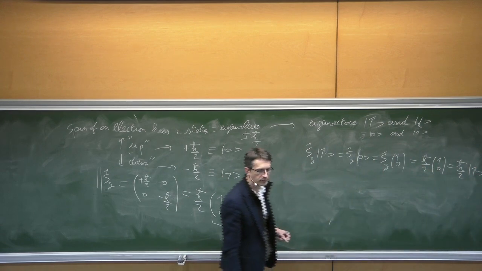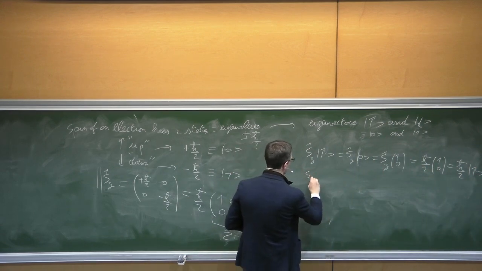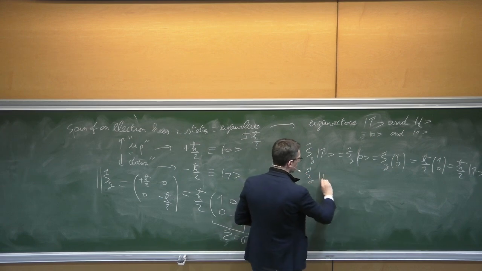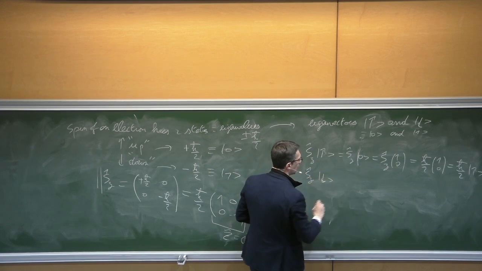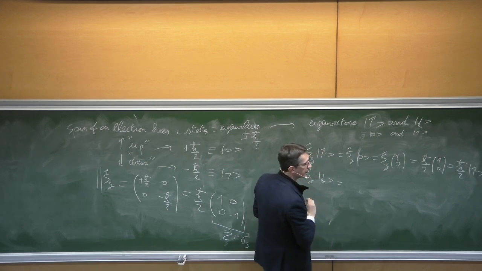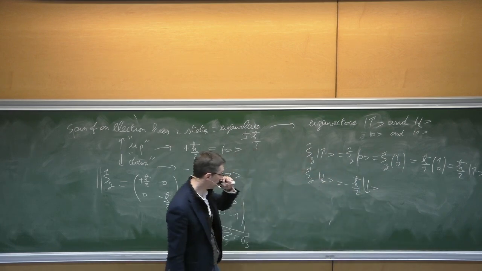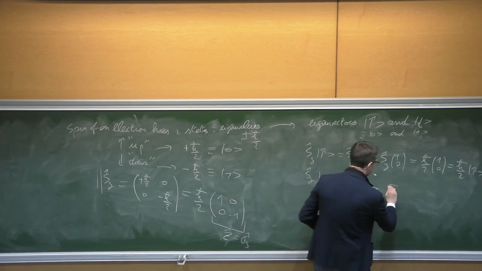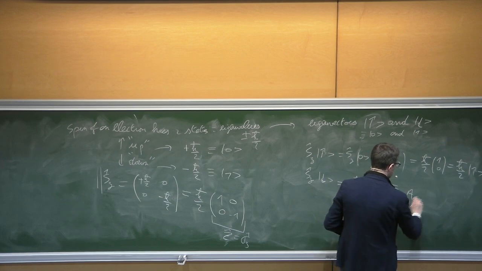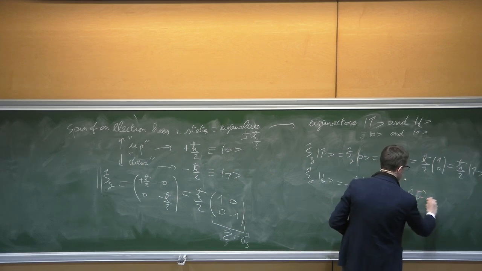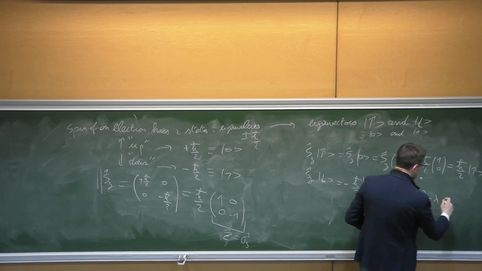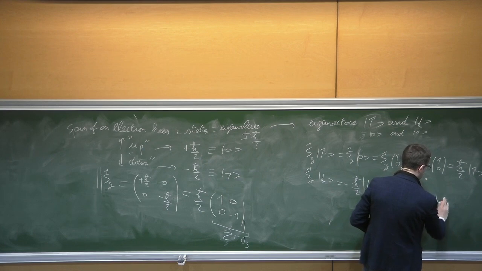And same thing for down. If I apply Sz to down, I will end up with minus h bar over 2 down. It's the equivalent, again, in linear algebra, of the matrix times vector v equals eigenvalue times eigenvector.